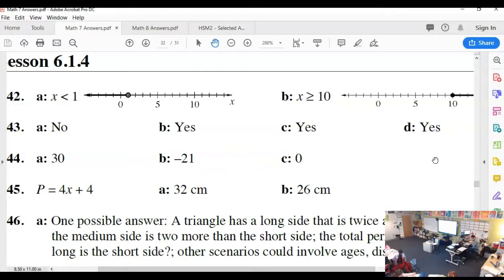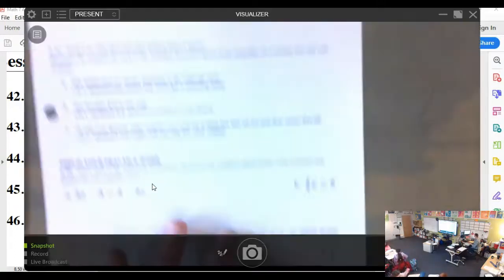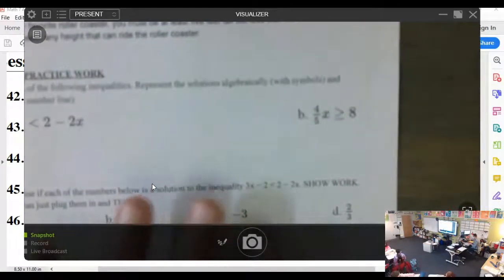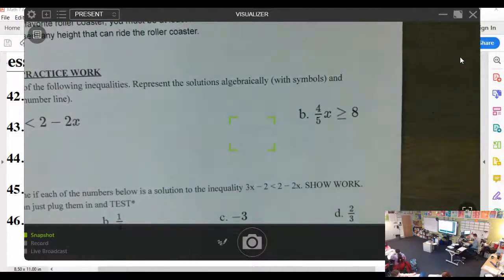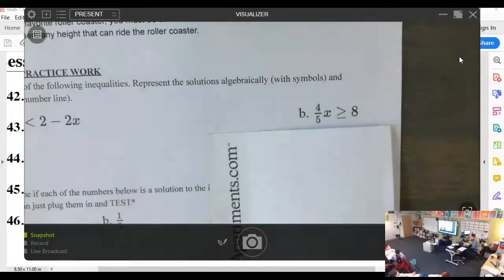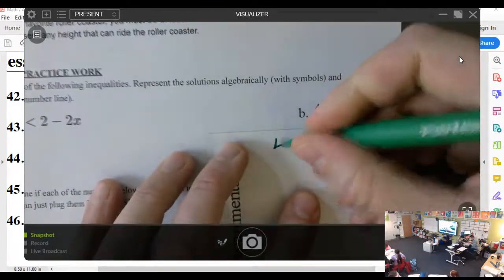Because that's one where there's a less difficult way to solve this. I need everybody paying attention to 42B. When we have 4/5 x is greater than or equal to 8, I'm actually going to copy it down so I can use some other colors.